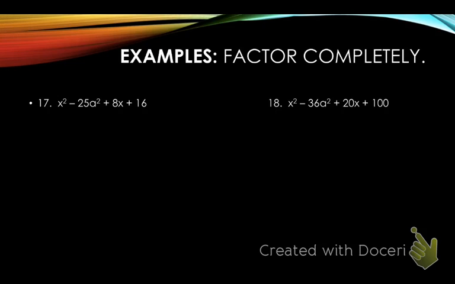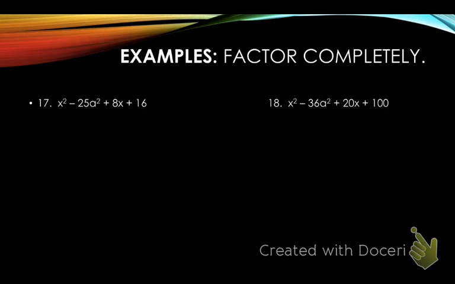Now, on 17 and 18, they're both set up pretty well the same way. How many terms do we have, first off? 4 terms. So if we do it by grouping, but what's the problem with doing it by grouping? What do you notice about some of the terms?